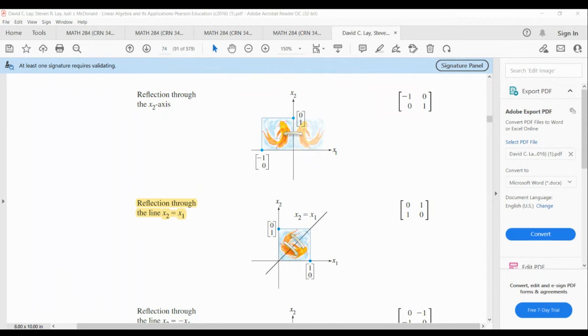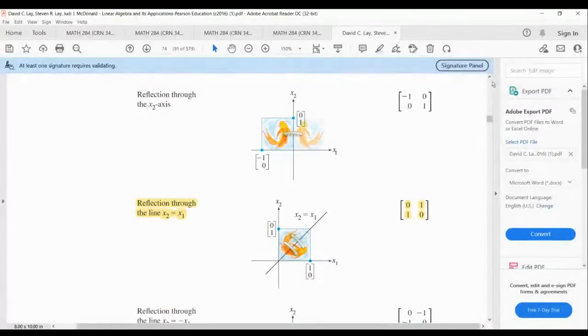So you see, if you were to take the coordinates of that goldfish and multiply the coordinates by this matrix here, which is the standard matrix that will reflect points through the line x2 equals x1, the goldfish would look like it's turning about that line. Okay. So they have lots of little examples here.